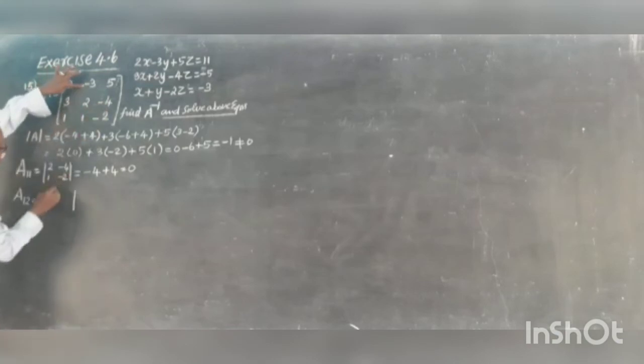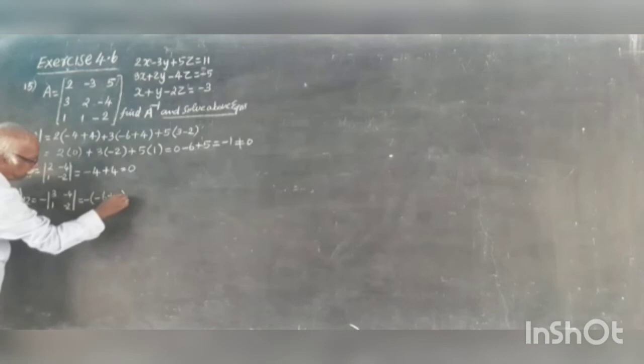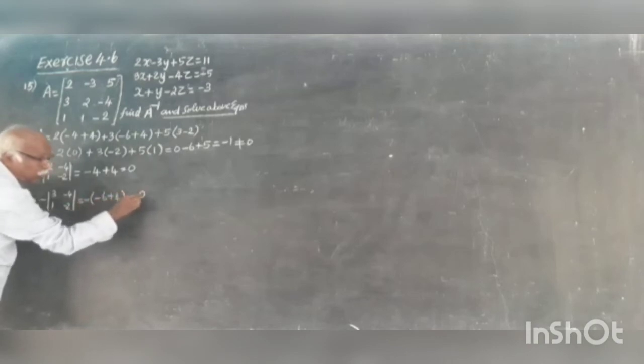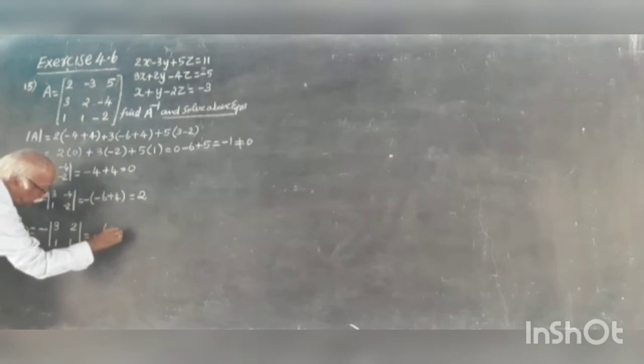A12 is minus of 3 minus 4, 1 minus 2, equal to minus of minus 6 plus 4, minus of minus 2, plus 2. Then A13 is minus 3 2, 1 1, equal to minus of 3 minus 2, equal to minus 1.